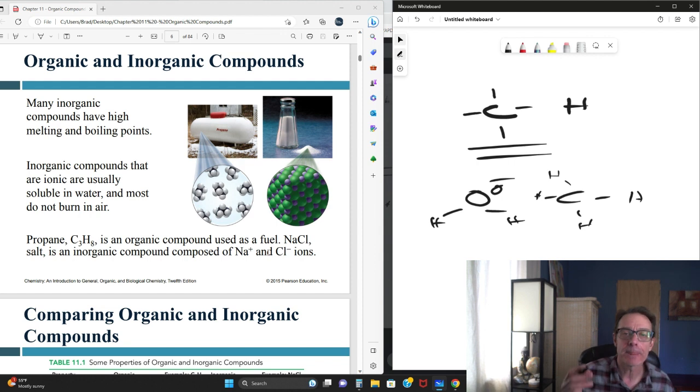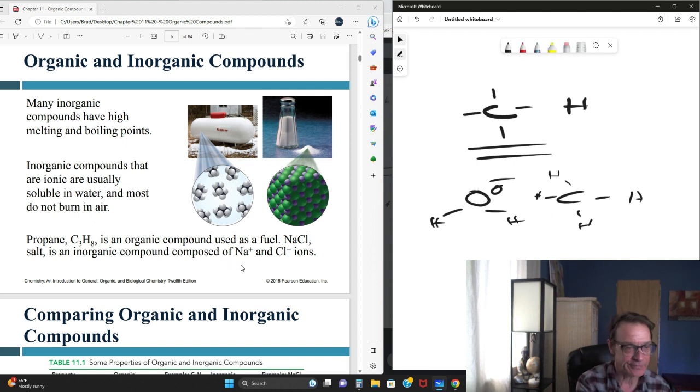All right, so as a reminder, to differentiate between organic and inorganic compounds, we've certainly looked at a fair number of inorganic compounds, such as salt, sodium chloride. Notice not a carbon in sight in sodium chloride. And something like propane, C3H8, that is carbon and hydrogen, certainly an organic molecule with all of the properties of an organic compound.